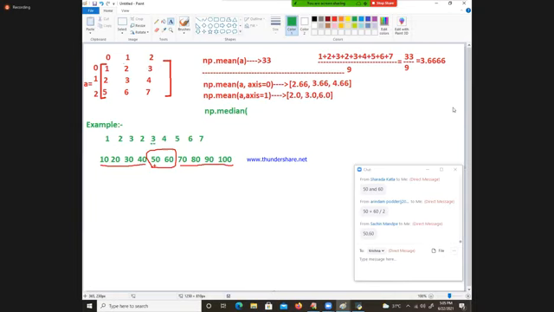So it is going to be 50 plus 60 by 2, which is 55.